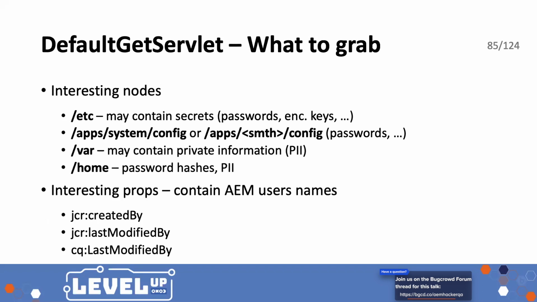Children nodes of var node may contain private information of users, and children nodes of home contain AEM users' profiles with private information and hashed passwords. Normally, properties like jcr:createdBy and jcr:lastModifiedBy of any node contain login names of AEM users.